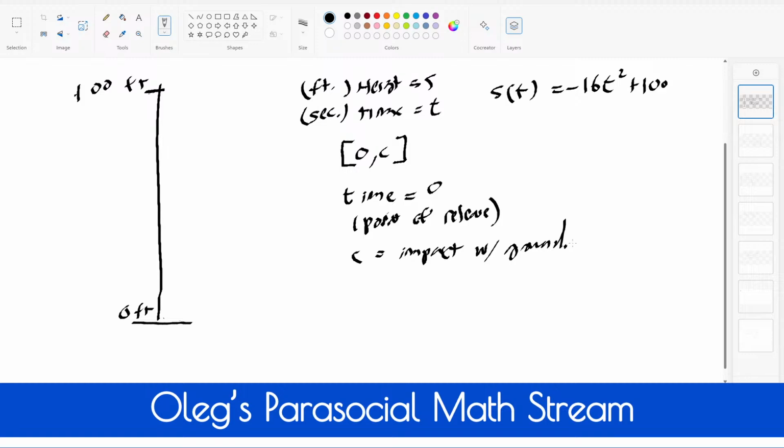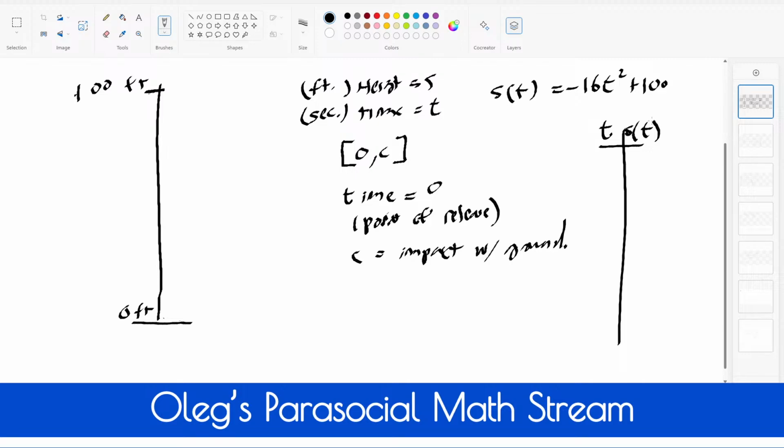Now, when the ball, here we go. So we're just going to have to start inputting it and getting results. So we take our formula and let's do that. So we're going to say this is t and this is s of t. Okay?